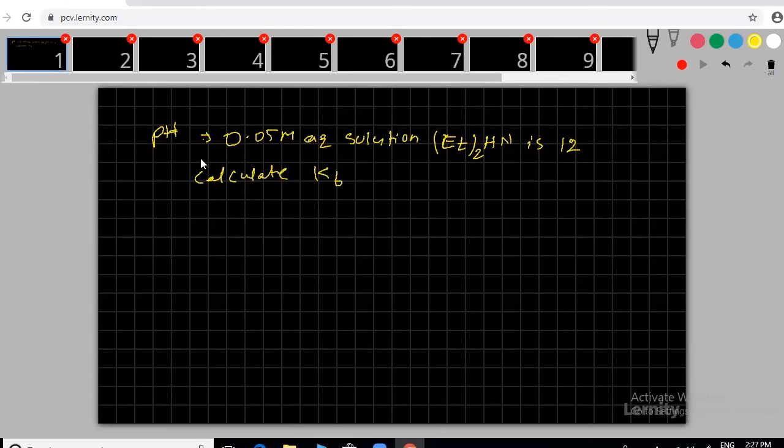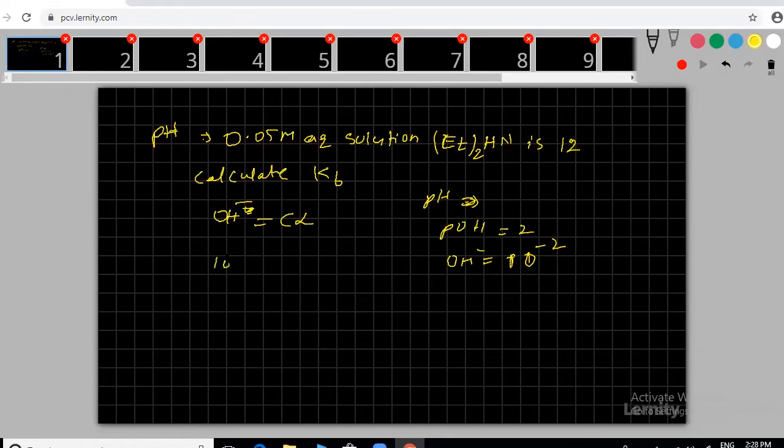Hope you can write, for a weak base, OH minus concentration equals C alpha. pH is 12 means pOH equals 2. Then if you take the antilogarithm, OH minus concentration equals 10 power minus 2.